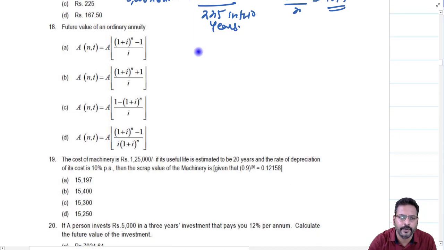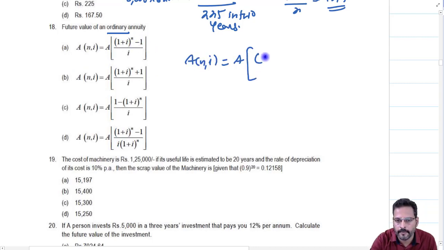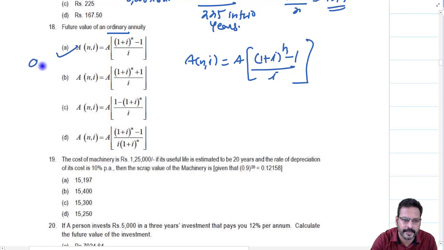So future value of an annuity ordinary, that means regular annuity, A is equal to A into (1 plus I) the whole raised to N minus 1, divided by I. Therefore, the answer is A.